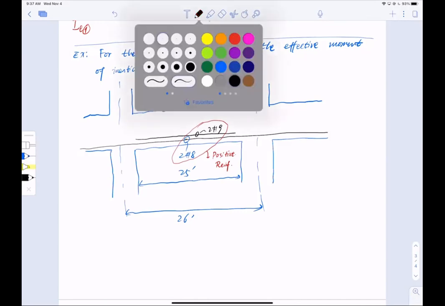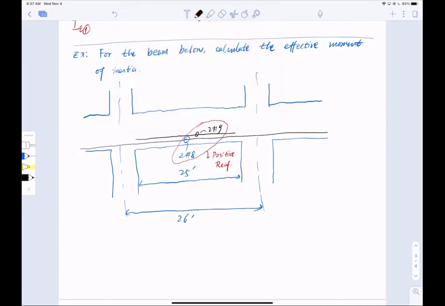All right, now since it is a continuous beam, I'm going to have reinforcement for negative bending moment at the ends, which means the reinforcement is going to be at the top. So I have reinforcement here, and these are 4 number 9 bars and 1 number 11 bar.